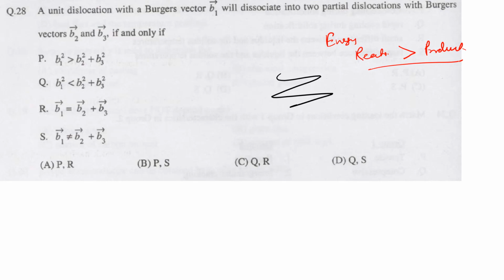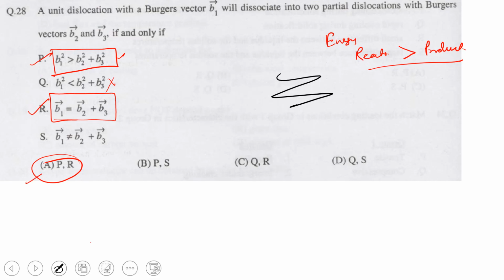So it will form under only one condition, I think it should be first it is P, right, in the terms of energy. B1, this is incorrect, and this is B1 equal to B2 plus B3, so vectorially this should be also consistent, right? So P and R should be the correct answer, so option A will be the correct one.